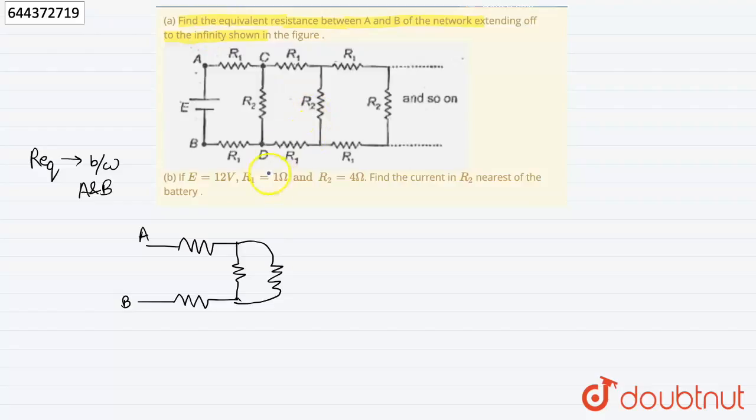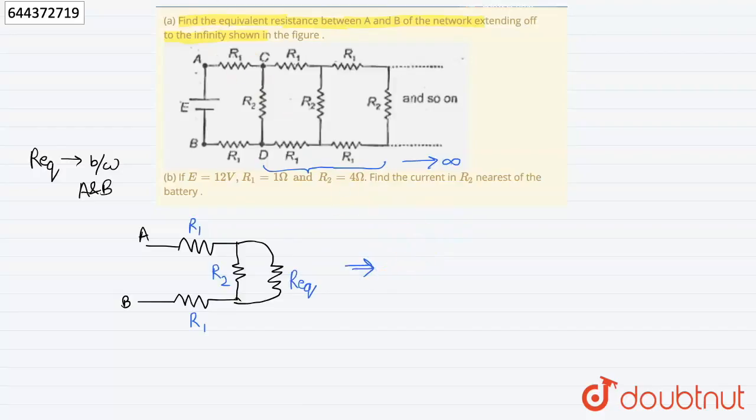This is because this circuit is extending to infinity. So this will be R1, this is also given as R1, this is R2, and this will also be R equivalent. So R2 and R equivalent are in parallel combination.